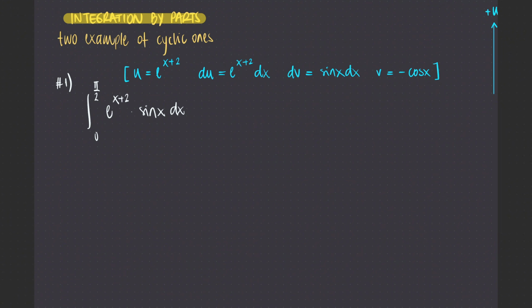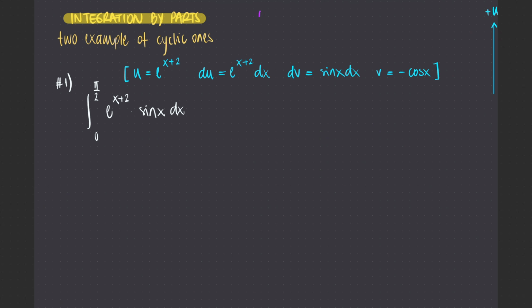Now, what are these u, v, and dv? These are the terms which go into the formula for integration by parts. The integral of u dv is equal to u times v, minus the integral of v du. And the definite integral version of this is from a to b. We also evaluate this term from a to b, and this integral goes from a to b as well.